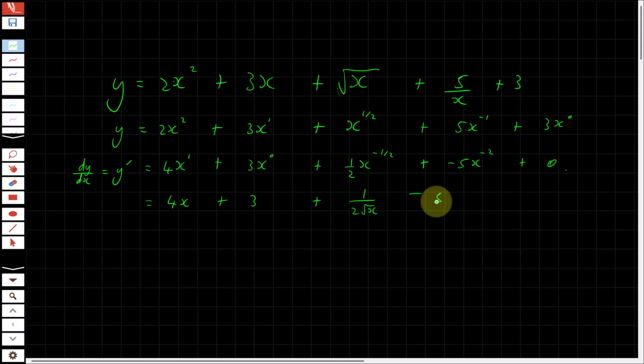Take away 5x to the negative 2. This here can be written as 5 over x squared, because the negative takes it to the bottom line. Then we have 0. So this is the full solution here, full differentiation of this equation here.